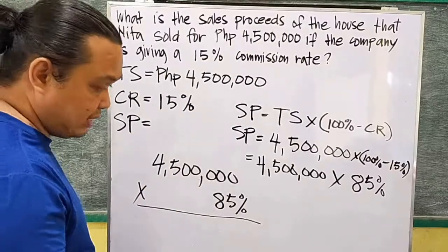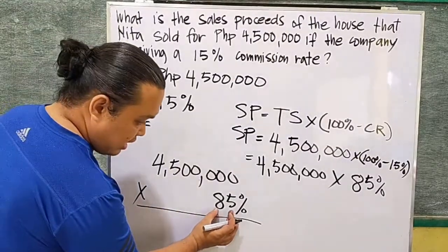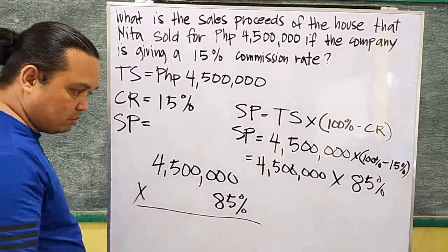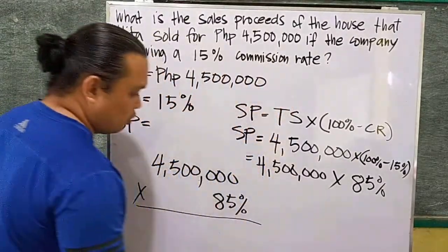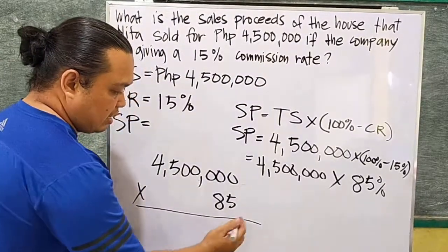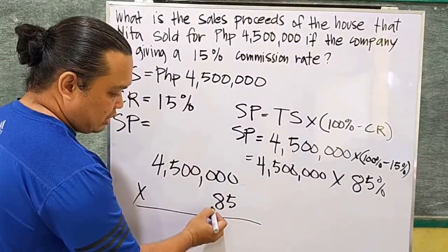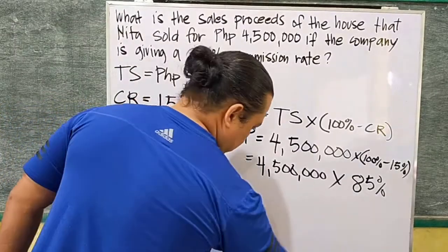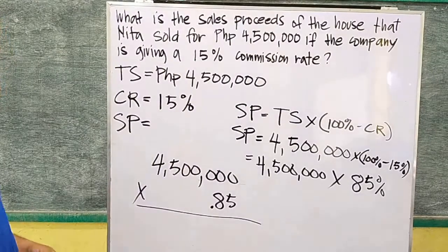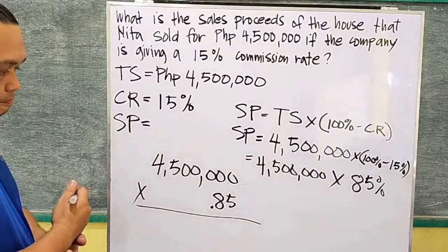And for us to multiply them, we need first to convert 85% here into a decimal number. How? Just move the percent sign 2 steps to the left, 1, 2, and put a decimal point. So 85% becomes 0.85. So we can now multiply.